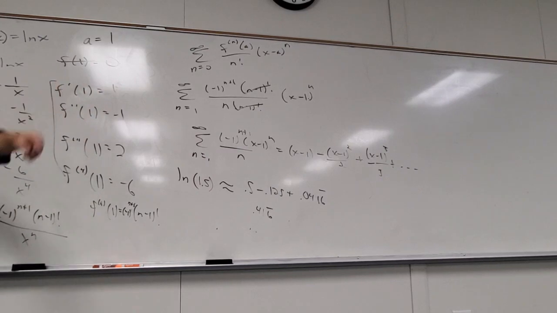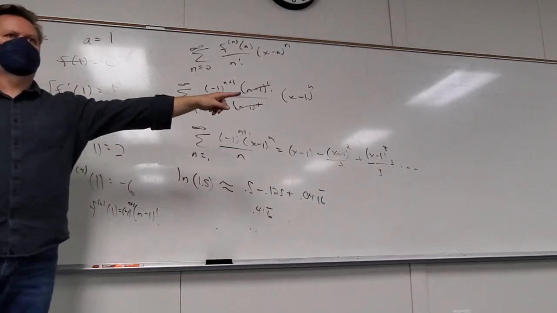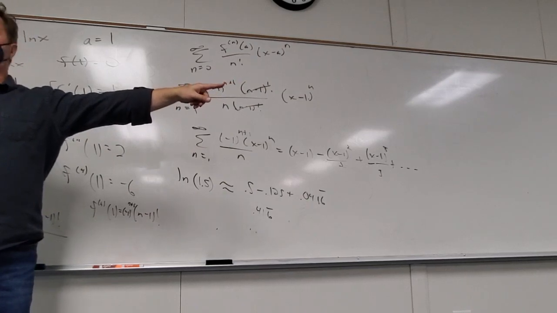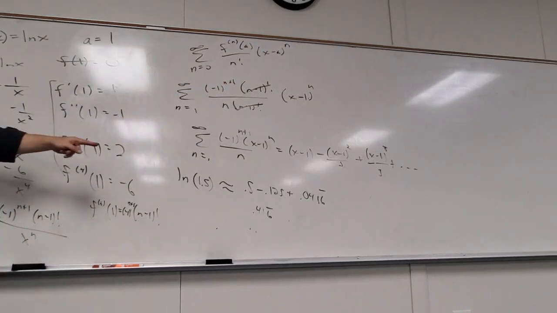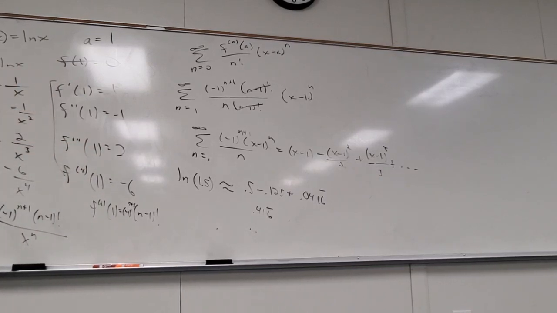We only did the first three non-zero terms. Technically, it's the first 4 terms, because the first term is 0. And we got pretty close just doing that. Now, if we try 2, it's going to be much further off. It's going to be relatively decent, but not as good.